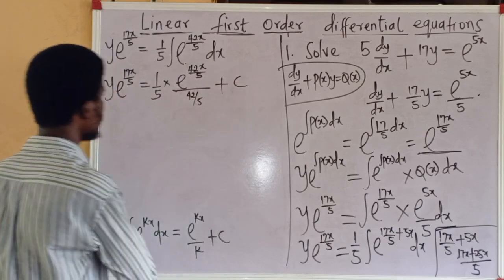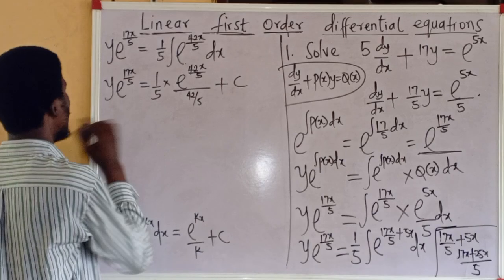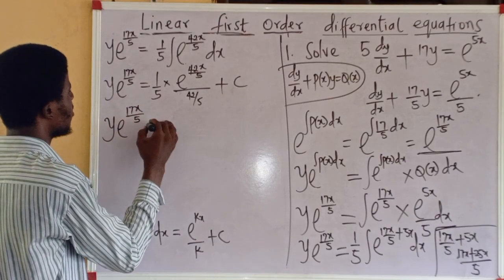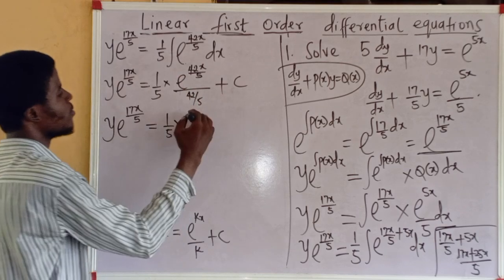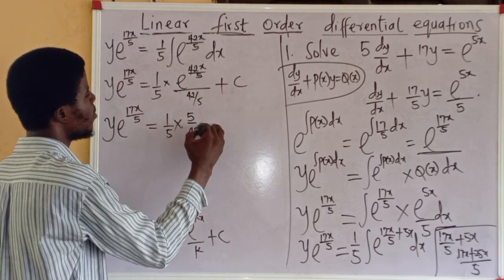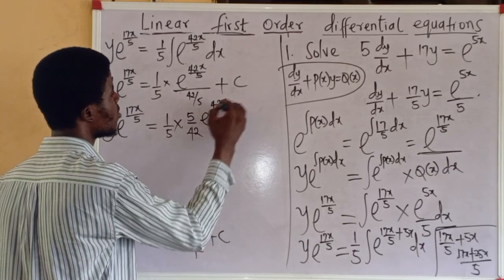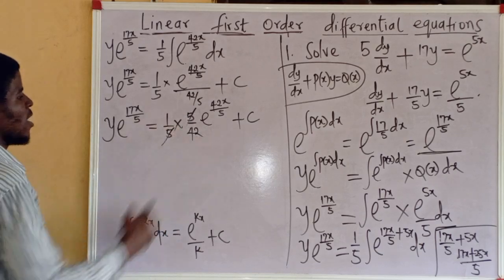plus c. So if I manipulate and simplify this algebra, I'll have y e to the power of 17x over 5 equal to 1 over 5 times, the 5 will actually go up, the 42 will remain at the bottom, then e to the power of 42x upon 5 plus c. 5 will take away 5.